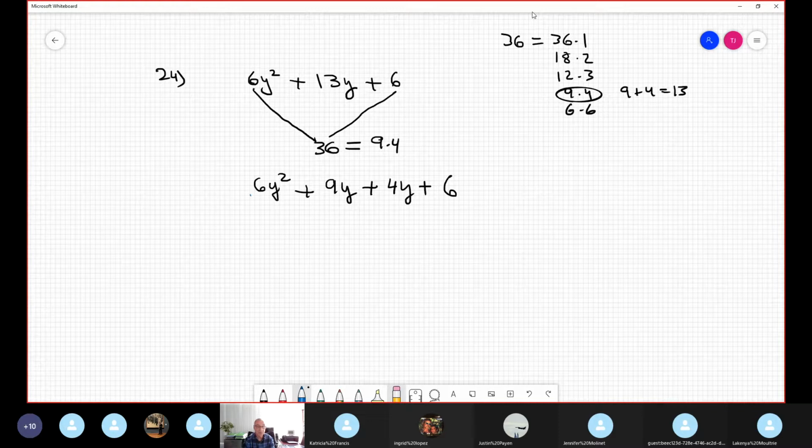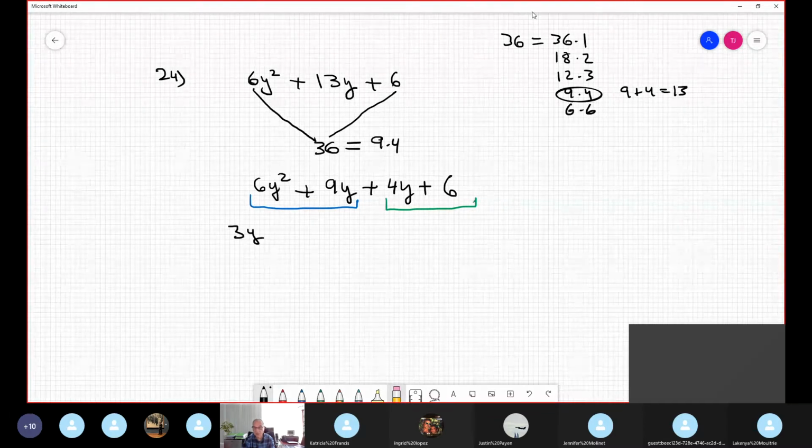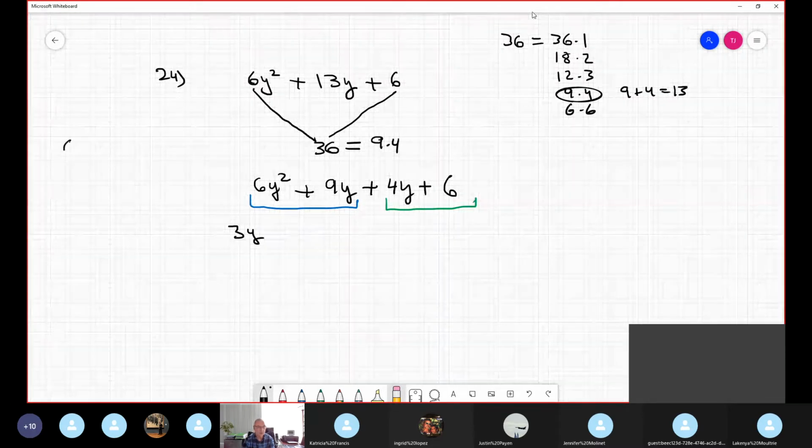You find the GCF in the first couple, and you find the GCF in the second couple. Who helped me with the GCF in the first couple? Is it only 3 or 3y? You need to analyze, Noela, not only the coefficient but also the variable.